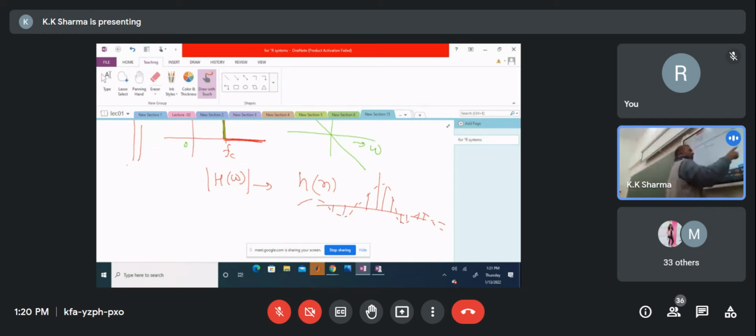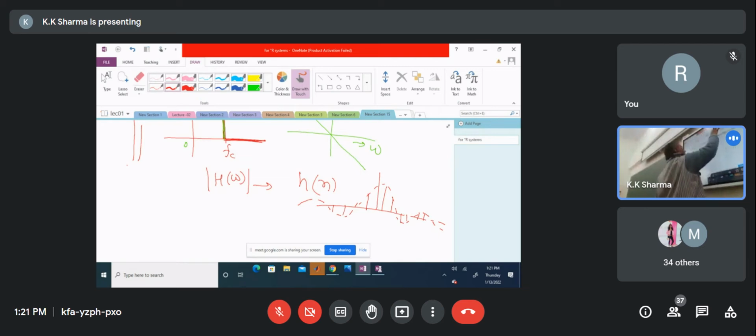H of n is a discrete signal, but it will be approximating these discrete values of the impulse. Ideally, this h of n will be, or to be more precise, this will be sine of omega C n divided by omega C n, multiplied by omega C upon pi.